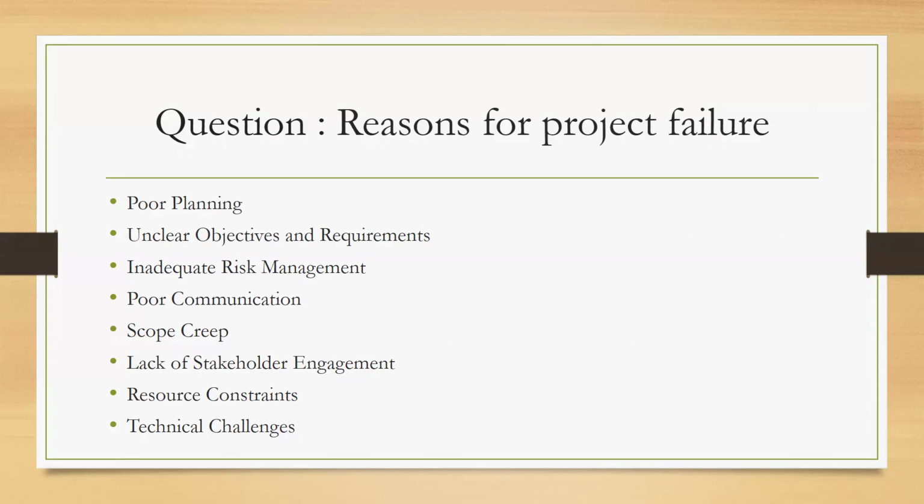Every project has certain risks, but we need to manage those risks in parallel while the project is running. If risk is not properly managed, that can also be a reason. And also scope creep. Scope creep is when the project is not completed in the particular duration and it doesn't meet the deadline, so it will be extended. This situation is called scope creep.